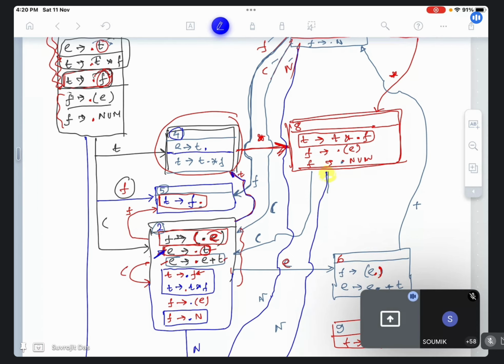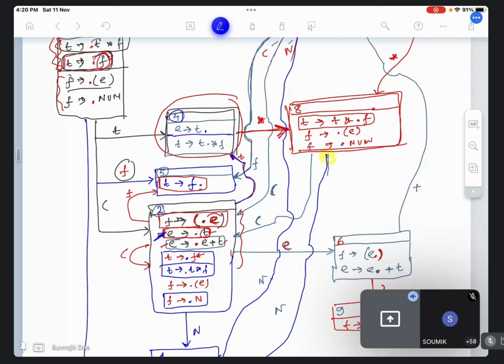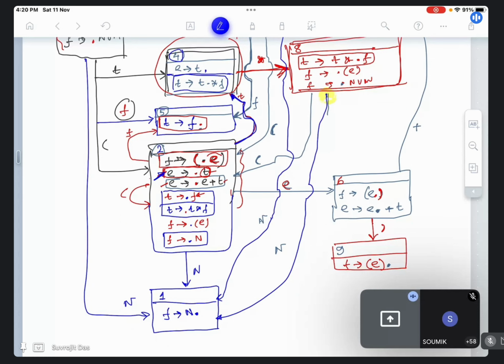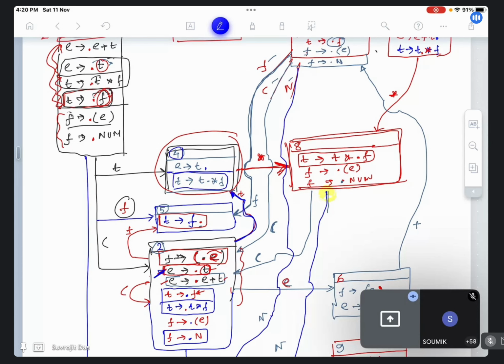And if I take this transition and take a T from this state as I'm doing, I'll end up in this transition, right? I hope I'm not missing anything more. And this is the whole picture.